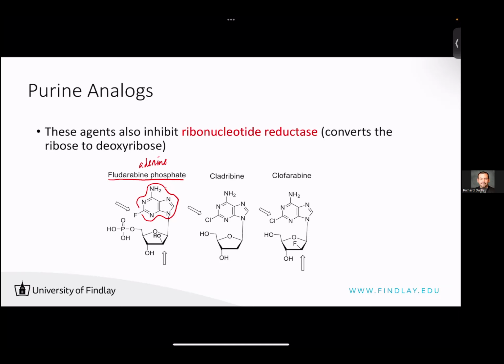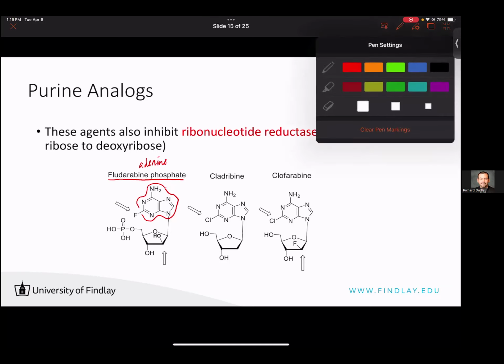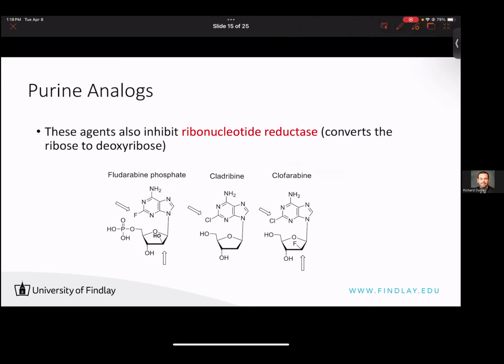Okay. And you'll notice too, in some of these derivatives, they have a halogen at the 2 position. So a fluorine or a chloride incorporated into the ring at the 2 position. And what that really does is it helps to prevent these molecules from being metabolized by adenosine deaminase.